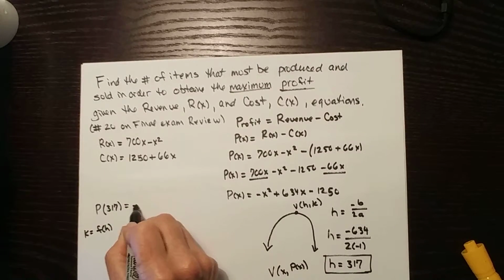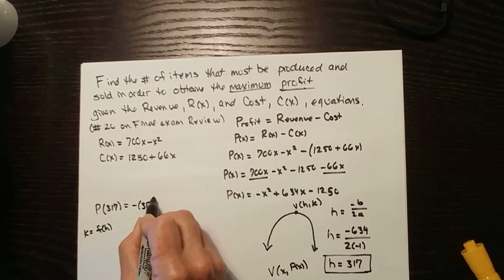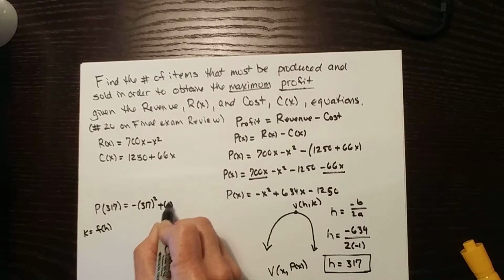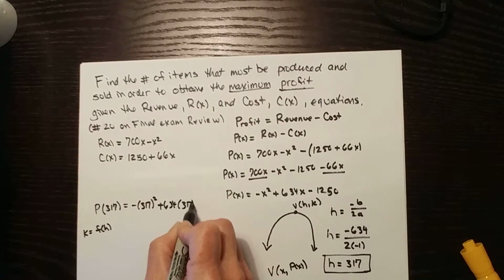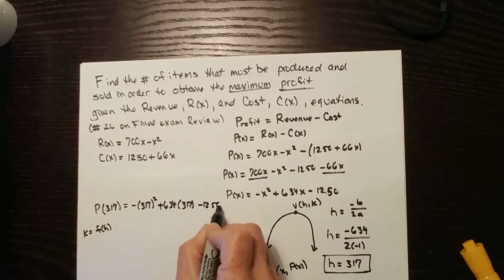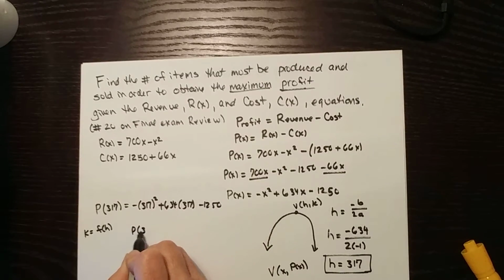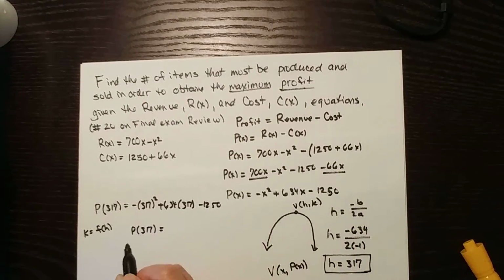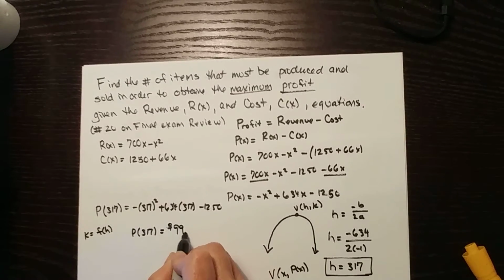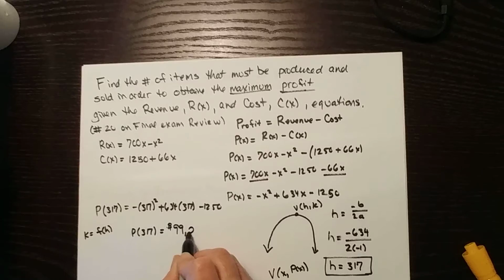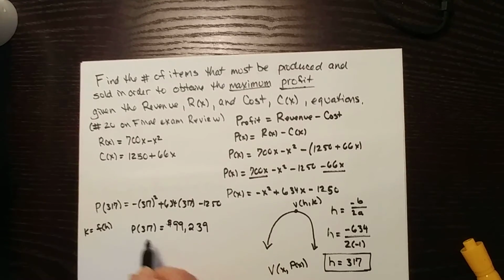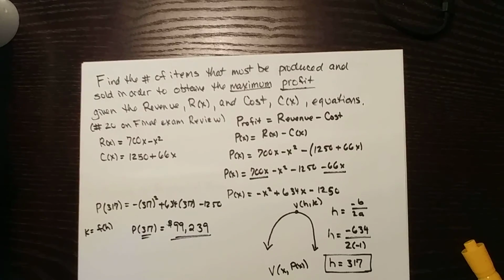So you'll say negative 317 squared plus 634 times 317 minus 1250. And we find that P of 317 is equal to $99,239. So this is the maximum profit, and it occurs when 317 items are produced.